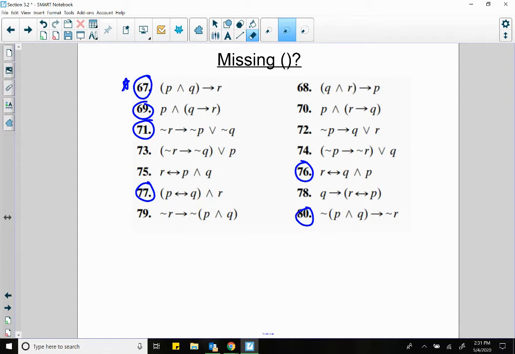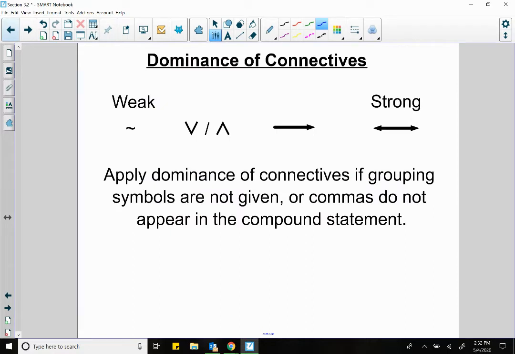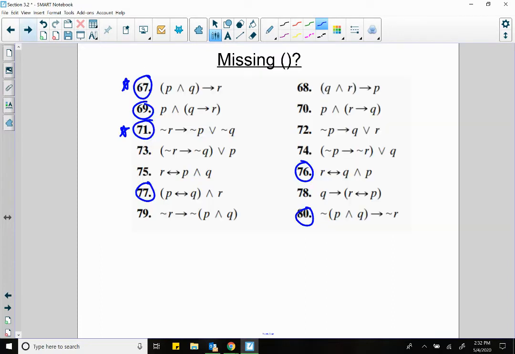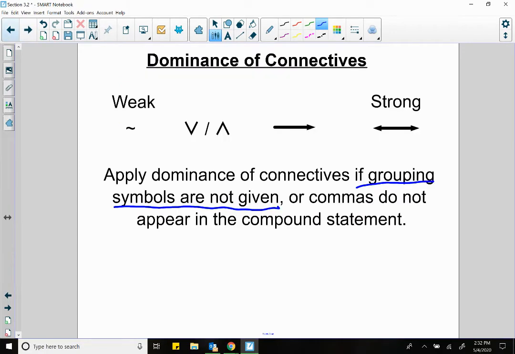If you look at number 71, notice there are no parentheses. This is what I was talking about right here. If grouping symbols are not given. So, 67, there are grouping symbols. 71, there are not. So in 71, we need to apply this information. And what you need to look for is the strongest symbol in there.